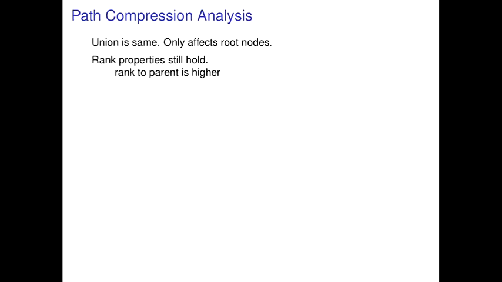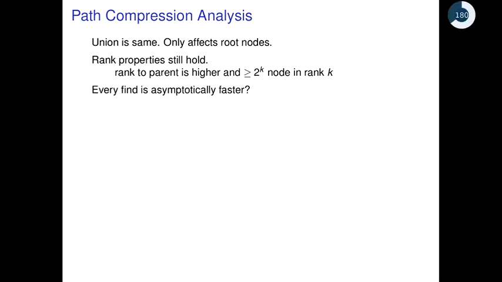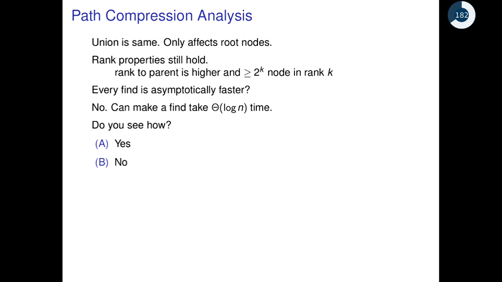Okay, the rank properties still hold. The rank of the parent is still greater than the rank of the child, and a node of rank k still has at least 2 to the k nodes. Every find is asymptotically no slower, so clearly we can't do worse than log n time. So do you see how to make it take O of log n time? You just do unions here, right? You union C and B, you union B and C. You do this in a big binary tree.